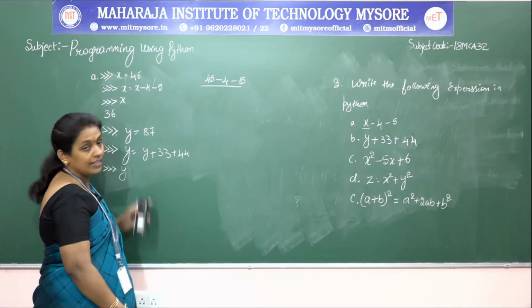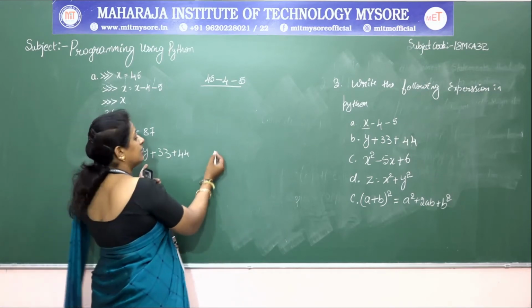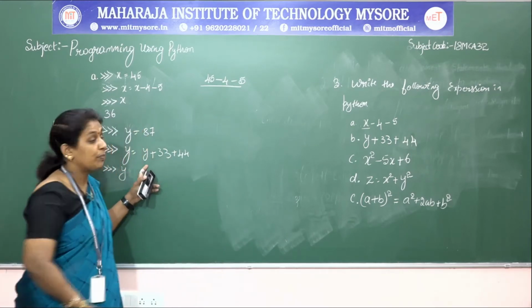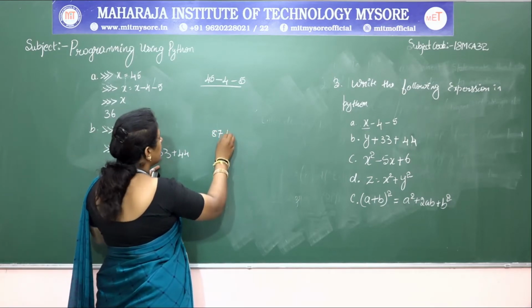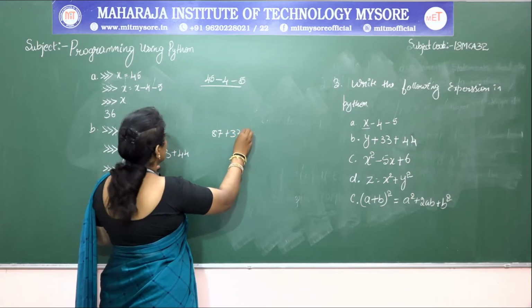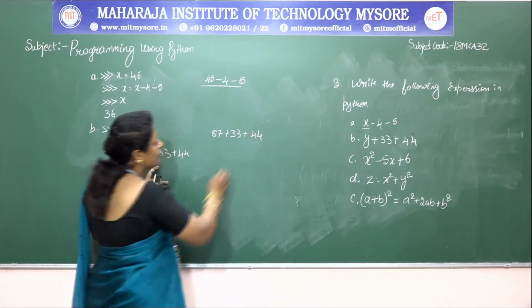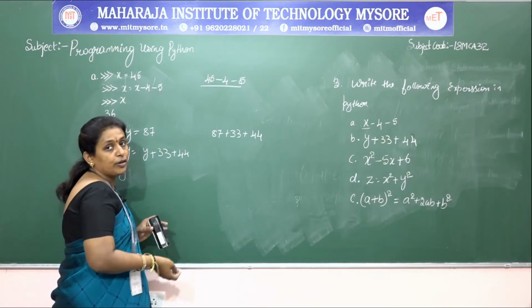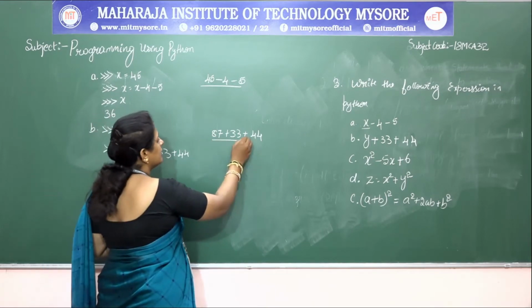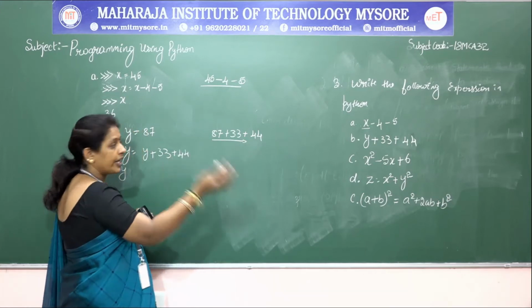When this gets evaluated, the y value will be substituted from Python. The y value it is 87, then plus 33 plus 44. So here we are having the same operator, so there is no need of going for precedence. We just calculate from left to right.